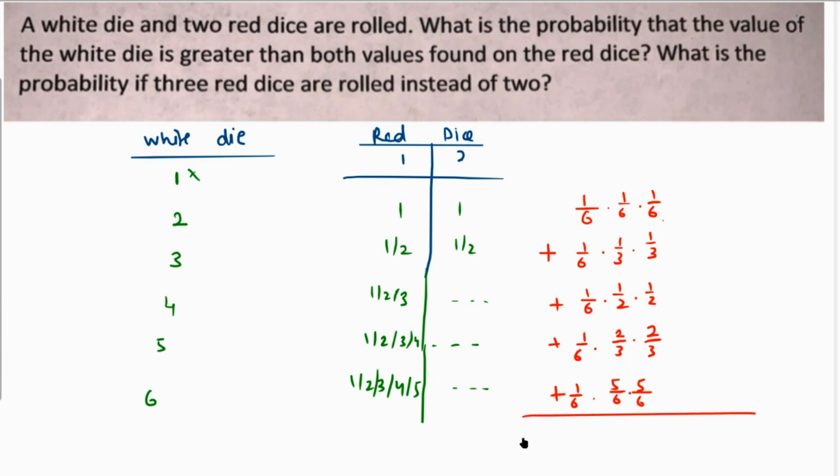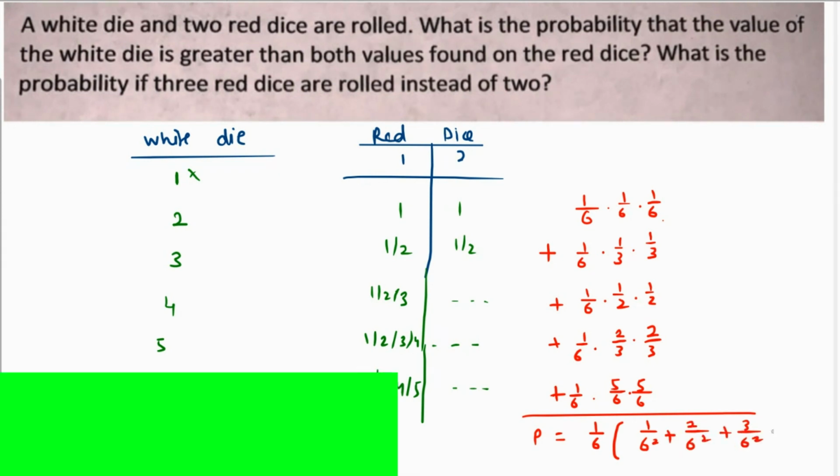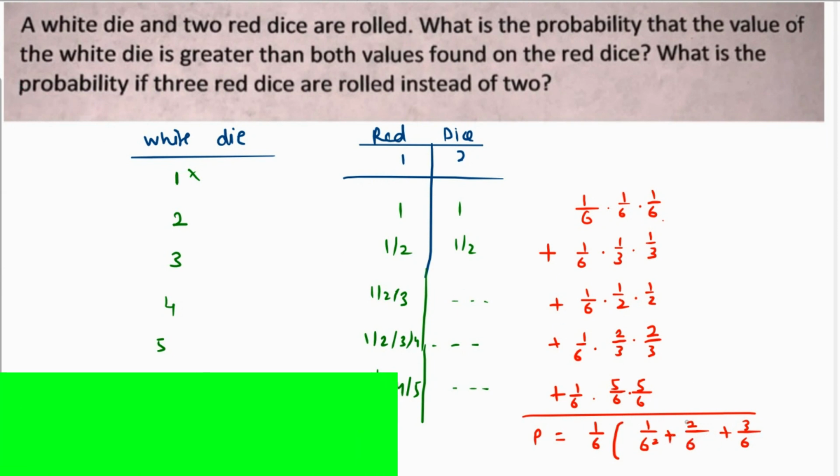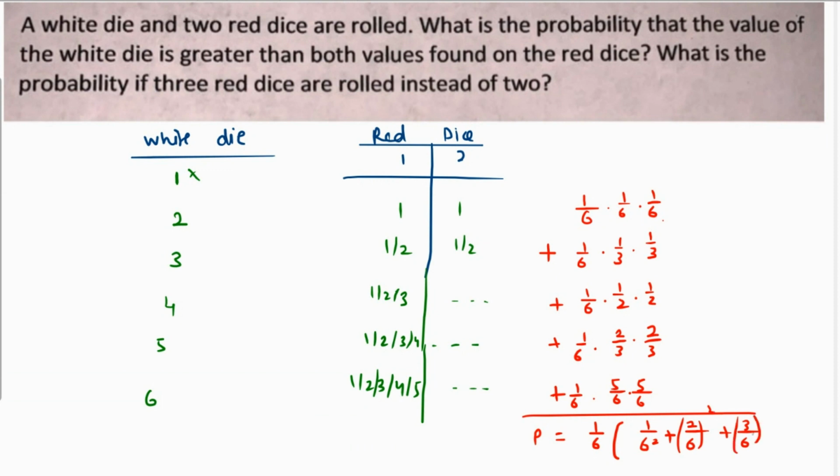So the total probability is coming as 1 over 6 taken out, it's 1 over 6 squared plus 2 over 6 squared plus 3 over 6 squared. I mean, the square is actually a complete square, so I should better rewrite it like this, and so on till 5 over 6 whole squared.